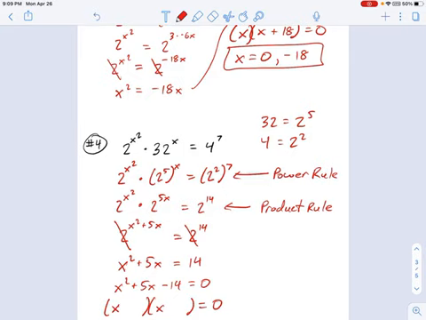Now, if you just think for a moment, it has to multiply to negative 14 but add to 5, so I think 7 and 2 are a good option. And the 7 has to be positive because I have a plus 5x, right? So the 7 has to be bigger than the 2. And now your solutions are x equals 2 and negative 7 to this equation.